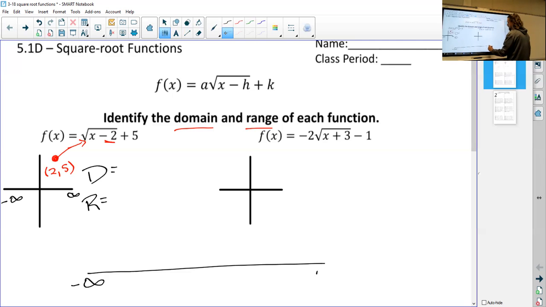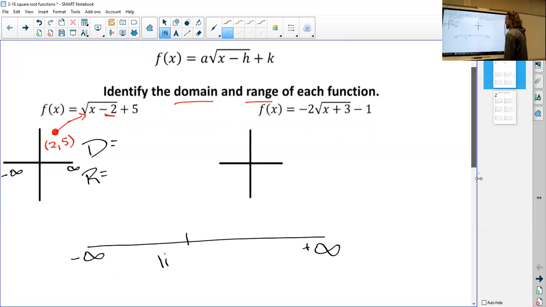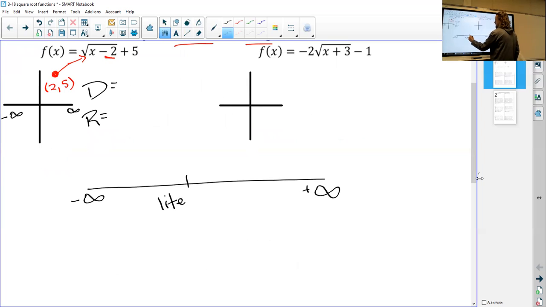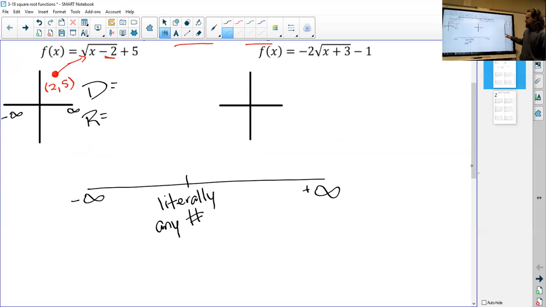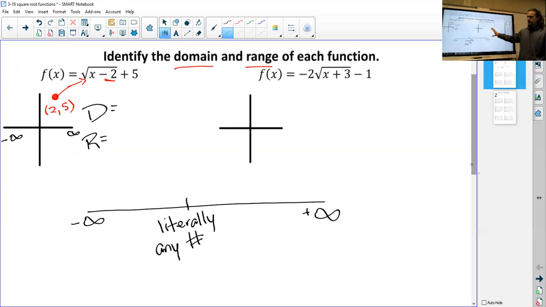On the other side, we have positive infinity. And then in the middle is literally any number, right? Whatever number you have, it's somewhere in between negative infinity and positive infinity. So that's going to help us with our domain.